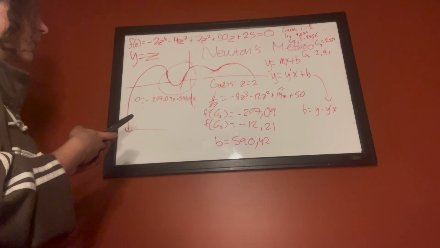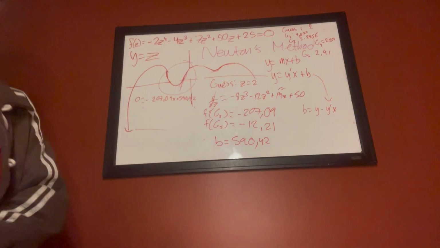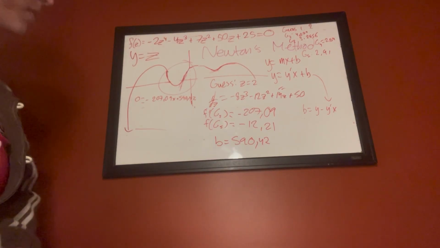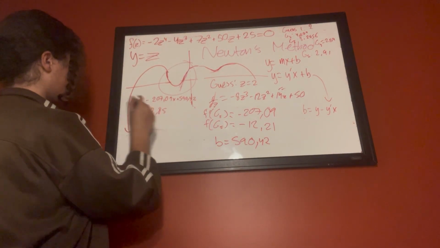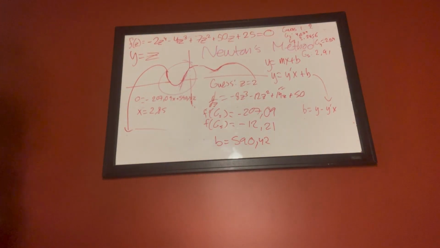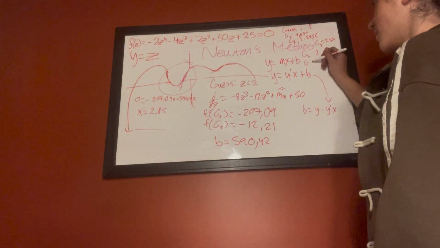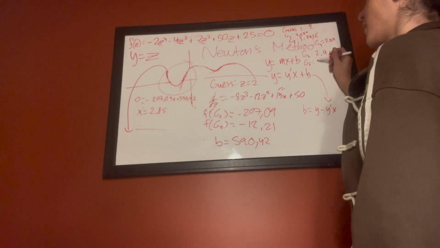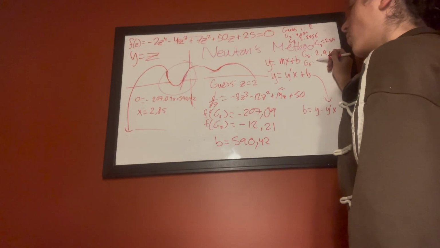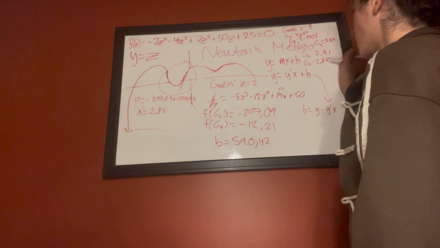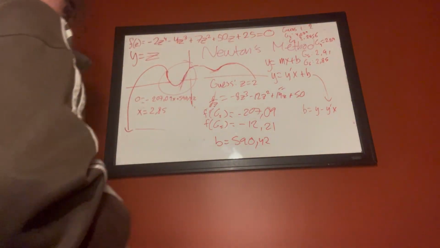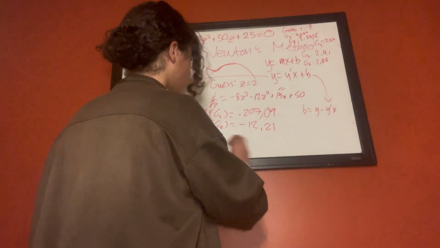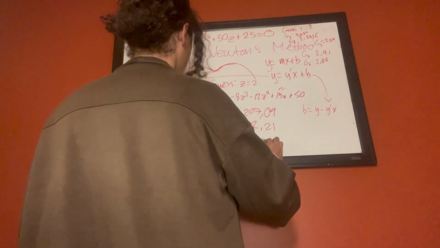I have 2.85. x equals 2.85. Okay. So guess 6. We have one more, guys, after this. We have 2.85. Honestly, we're getting faster at it.